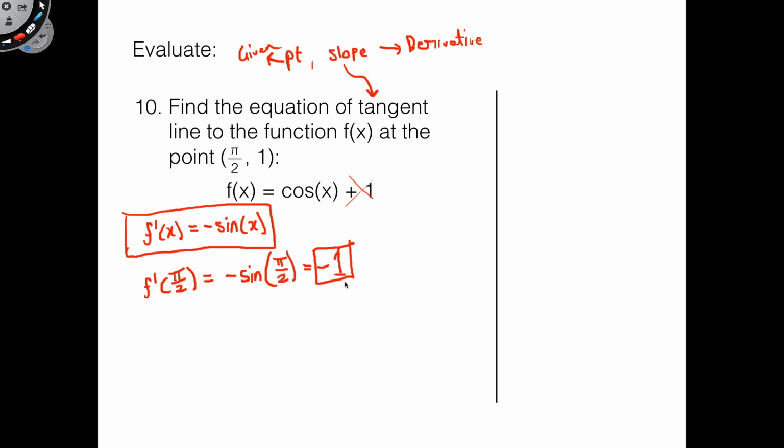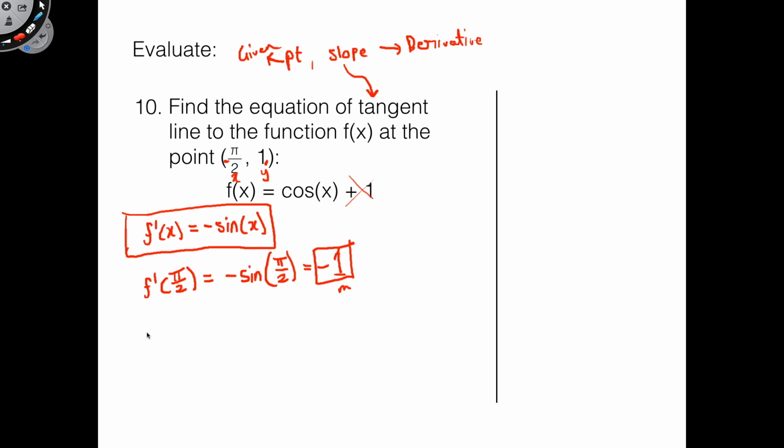Okay, that's our slope. We're still not done, so we need to plug this all into our equation now. We have pi over 2 and 1 as our x and y values, and then we have our slope. I'm going to use point slope form here, but please feel free to use y equals mx plus b, the slope intercept form, if that suits you better.